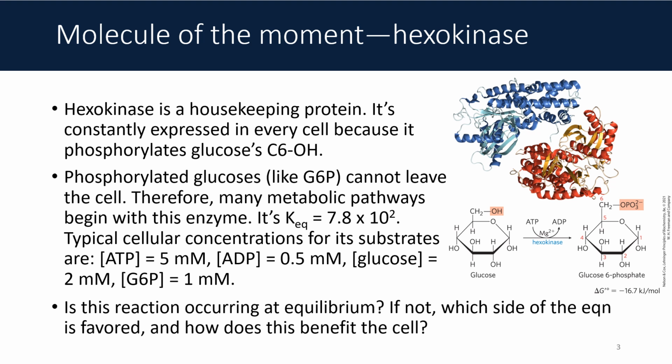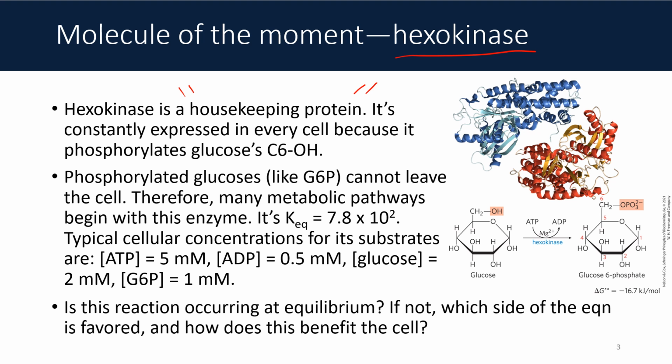Our molecule of the moment is hexokinase, and this enzyme happens to catalyze the first transformation in the glycolytic pathway. Now, hexokinase is known as a housekeeping protein, and what that means basically is that its function is evergreen to the cell.